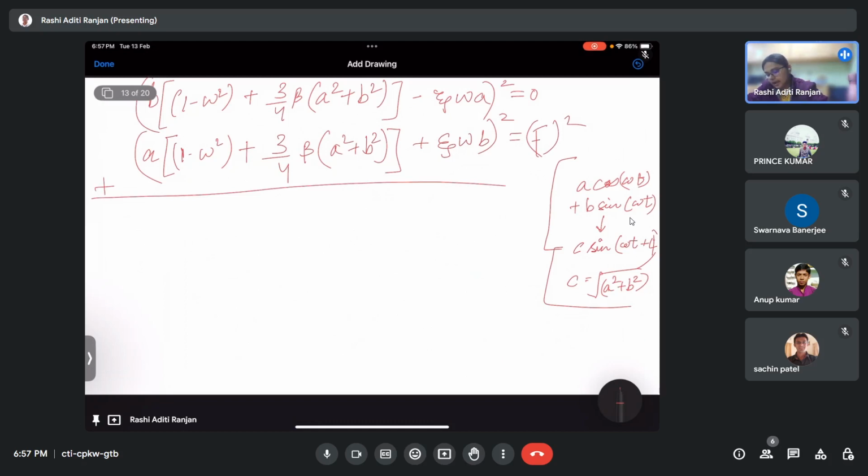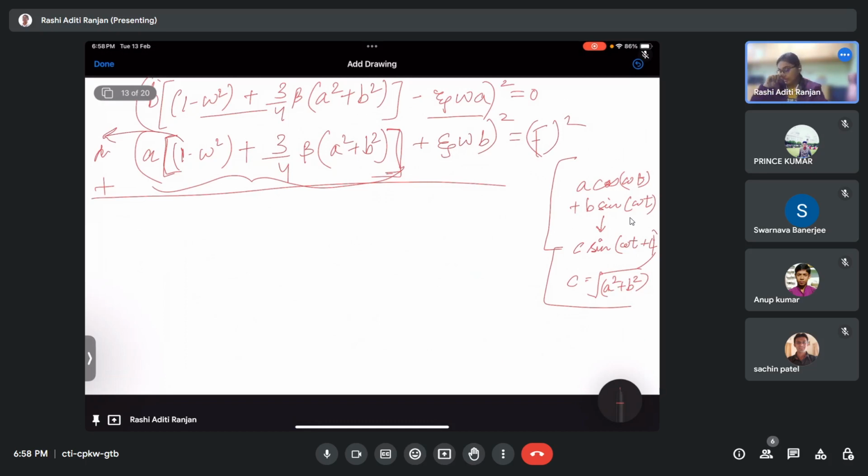Okay, firstly, I'll look into this one. For both first and second equation, the expression inside the bracket is the same. Yes, and we are having a whole square. So what is a whole square going to give me? Square of the first term plus square of the second term minus twice of first term into second term. So for now, I'll assume that this thing inside the bracket is D. I'll just write D because the expression is the same.